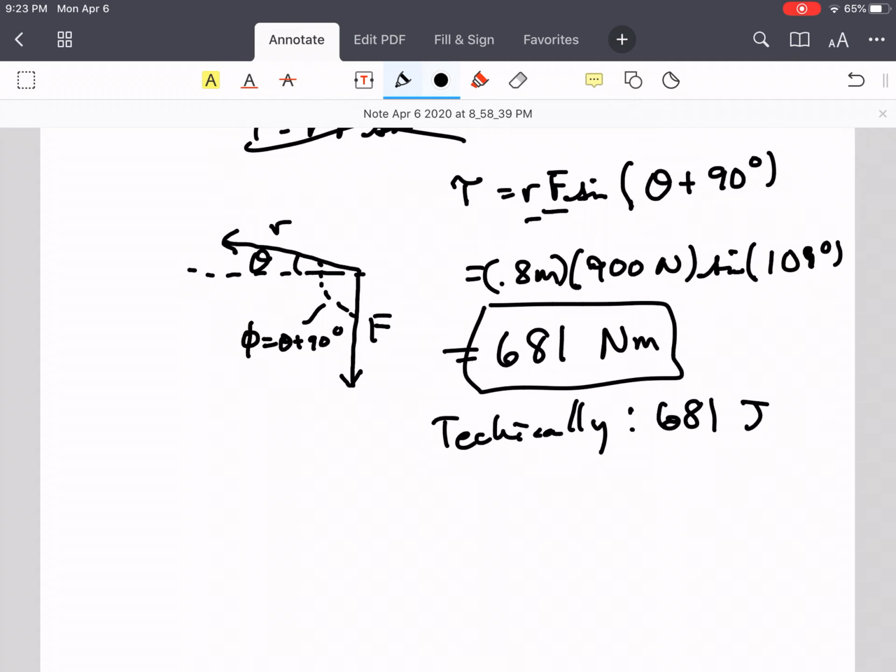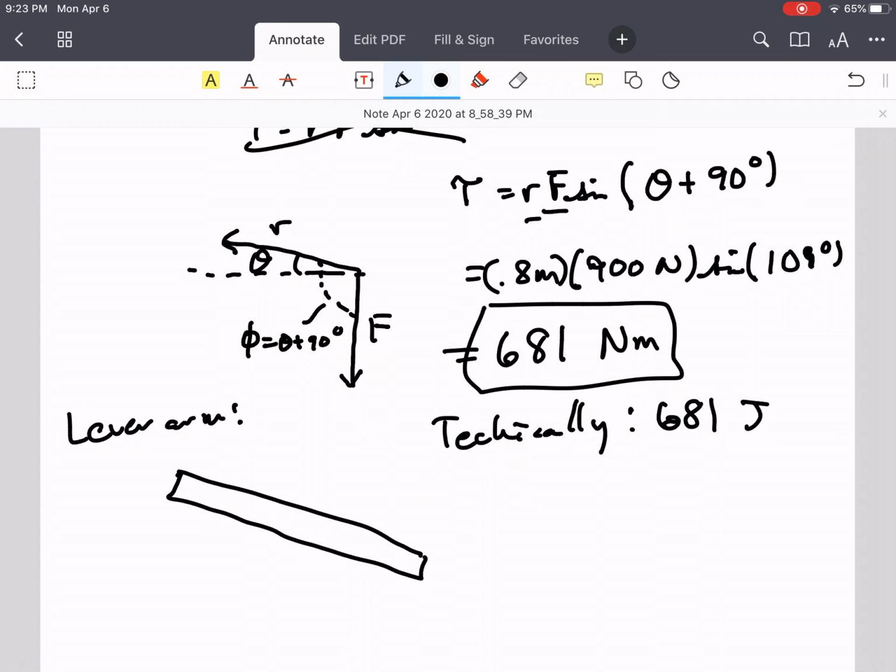So option 2 is the lever arm method. Let's go ahead and do that one together. So remember the way the lever arm works. I'm going to go ahead and redraw my wrench. The way I'm going to do it is I have my force F, which is acting straight down. I have my radius R, which is right here.